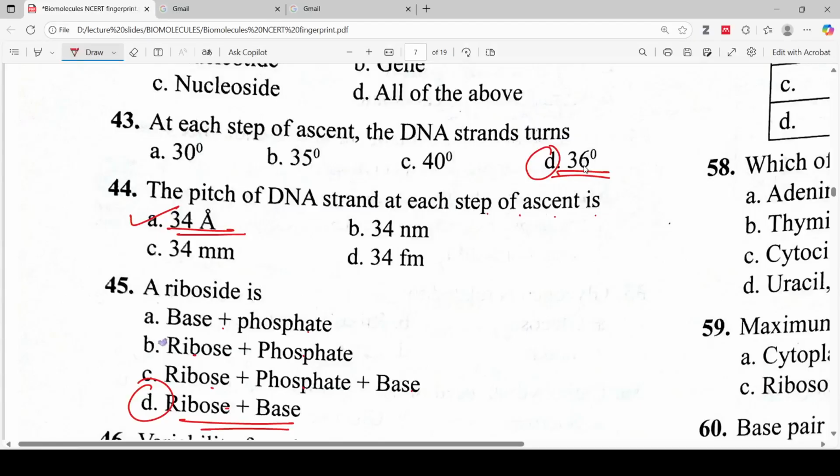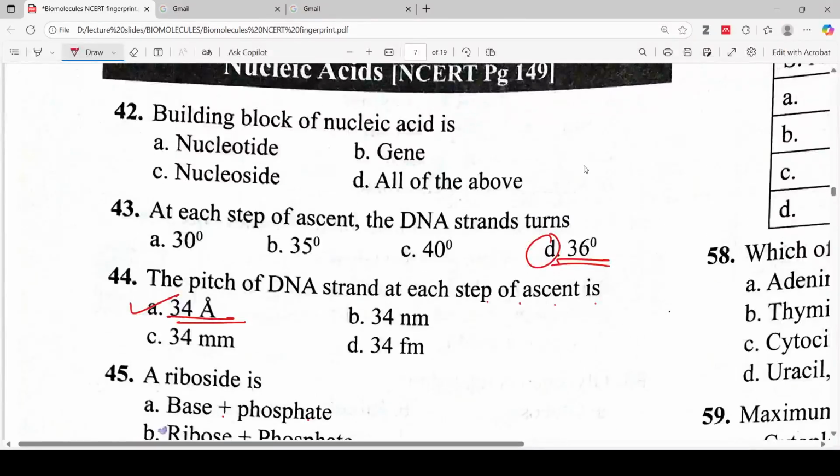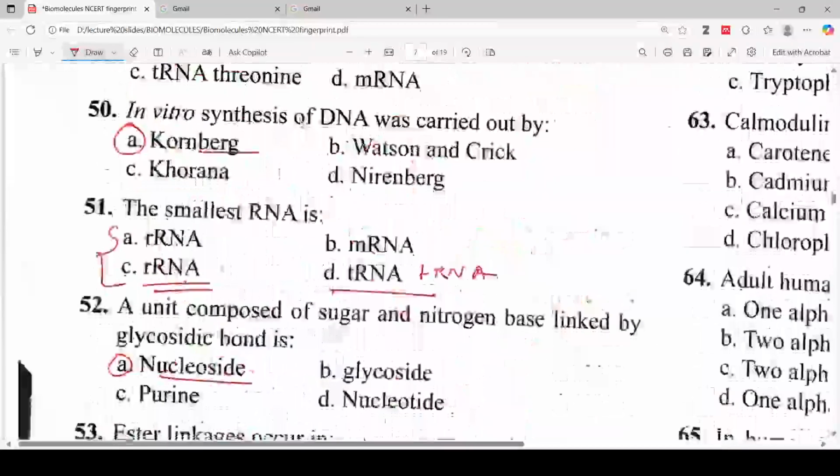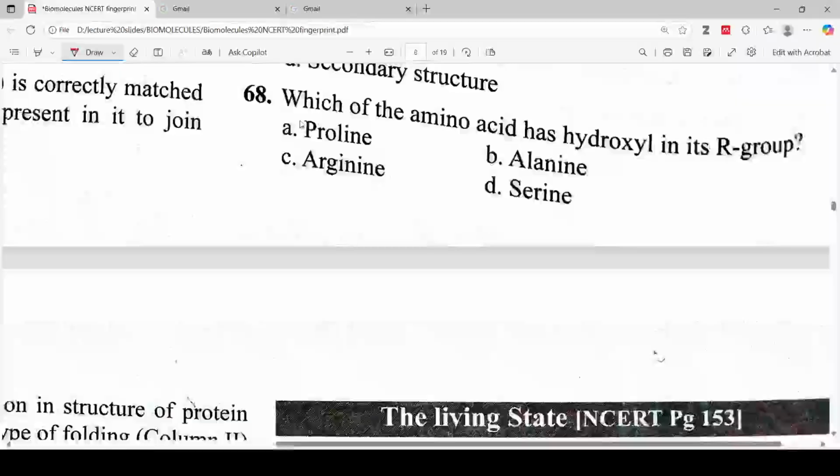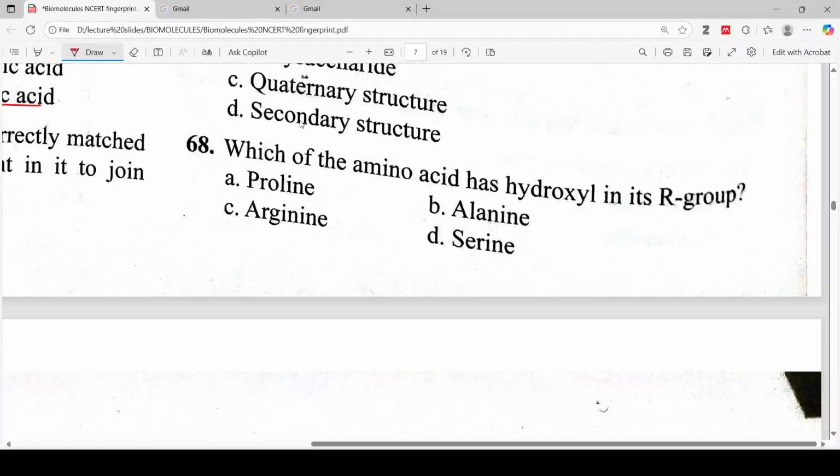The building block of DNA or nucleic acid is nucleotide, nucleoside, and all of the above. So the correct answer is option A. Let's move to the next question. Which of the amino acids has hydroxyl in its R group?